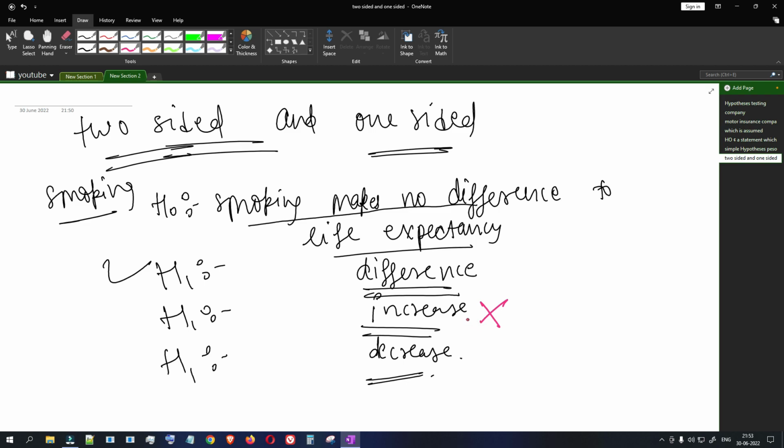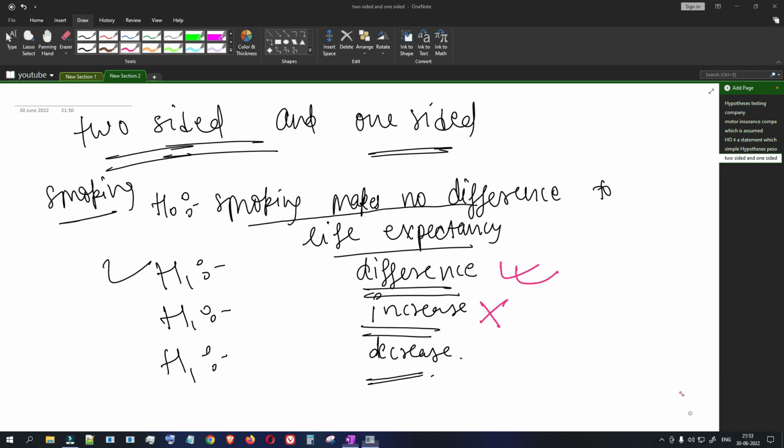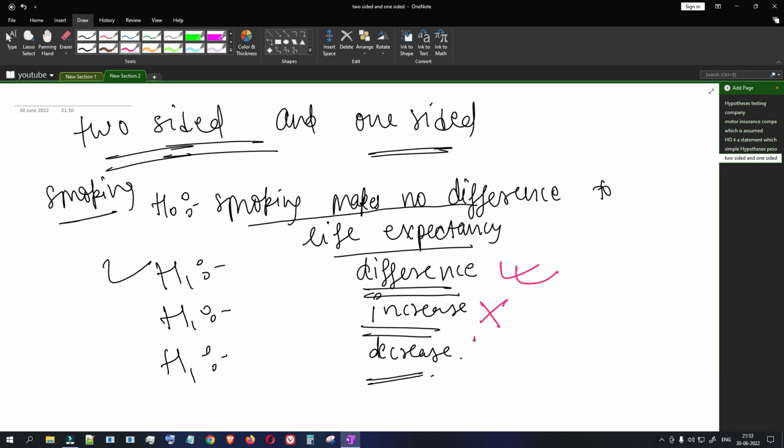Smoking cannot increase life expectancy. If that's true, then everyone is a smoker. All right, so the possible hypotheses are that it makes a difference to life expectancy, and the other is smoking decreases life expectancy.